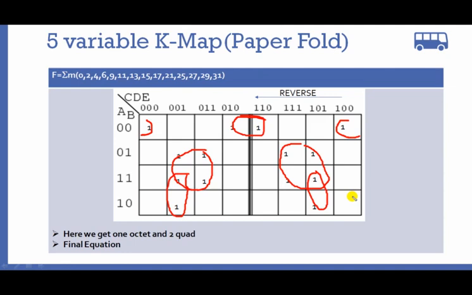So we'll get a final equation which will be B E plus A complement B complement E complement plus A D complement E complement. As we can see, this is an octet, so 3 variables are reduced. 2 to the power 3 is equal to 8, so 3 variables are reduced. These 2 are chords, so 2 variables are reduced from my equation of 5 inputs. Moving towards the next.